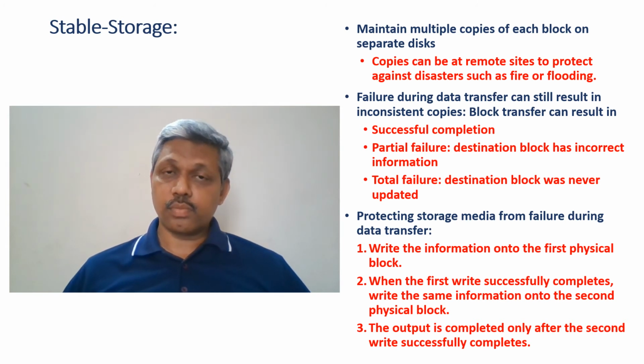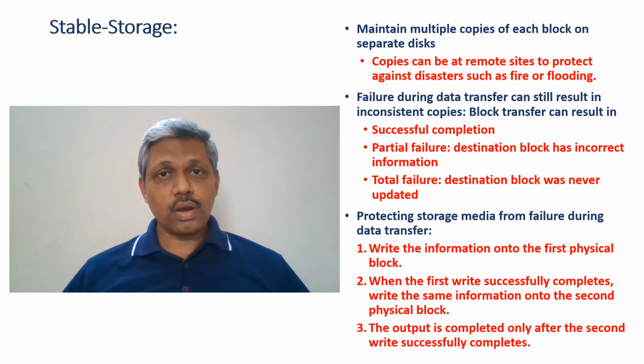Even if there is a problem in transferring the first block itself, we can resume the transferring of the block. So if one block of writing is completed, then we can duplicate the block from there itself onto the second disk. Like this, multiple copies can be made in a systematic manner, so that even if there is a crash during the transfer of these blocks, we should be able to recover back.